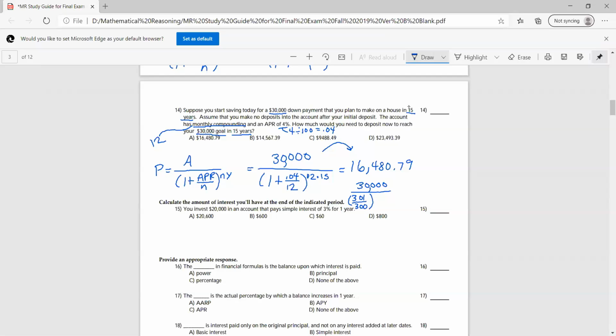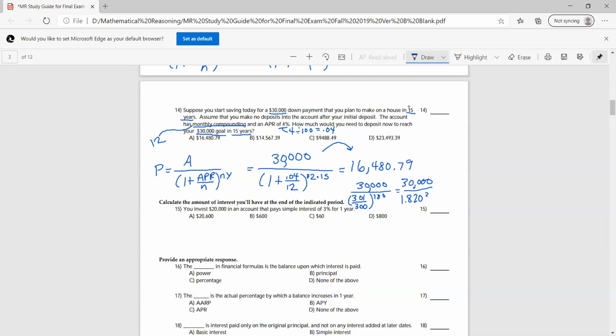We could figure that out. Okay, then you could take your 30,000 and then do your fraction that's 301 over 300 raised to the 180th power. That's given me a decimal. It's really best to be able to type it all in at once, but if you're not able to get that, this will help you get the right answer.